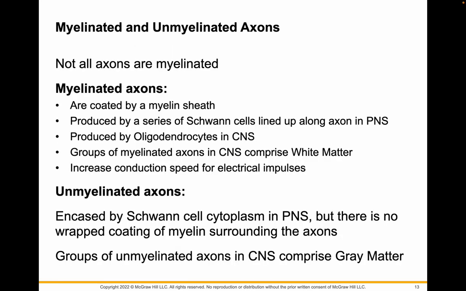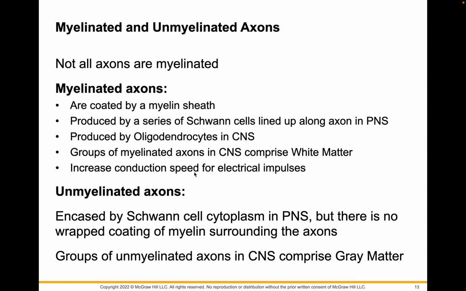Okay. So not all axons are myelinated. So myelinated axons are coated with the myelin sheath, and they're produced by Schwann cells if they're in the peripheral nervous system. Here's my favorite word. They're produced by oligodendrocytes if you're in the central nervous system.